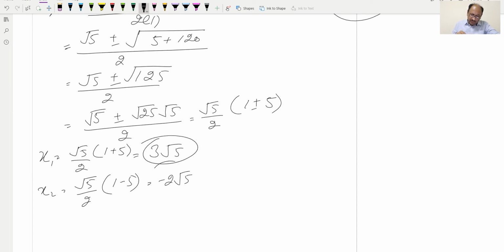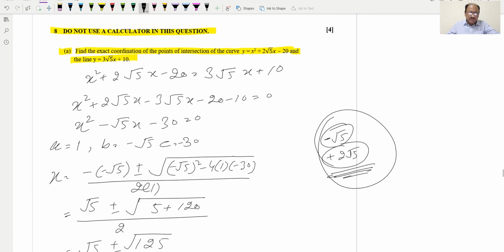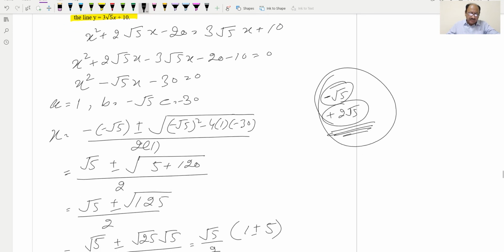These are the two x values which we got, and we can replace in either of these two equations, and I'm replacing in the second one. Y is equal to 3 root 5 x plus 10.